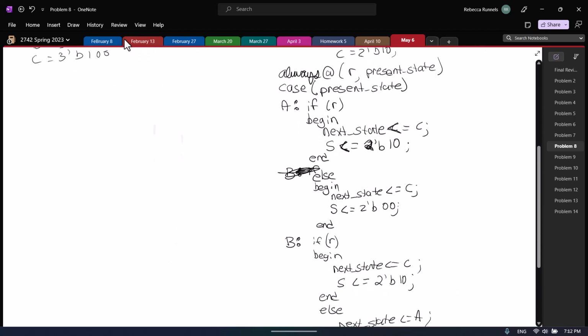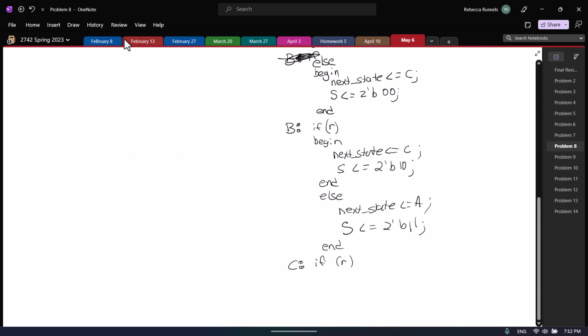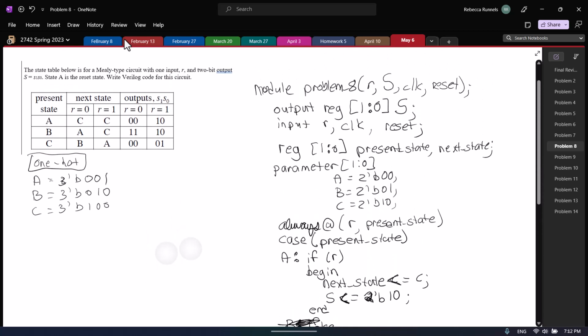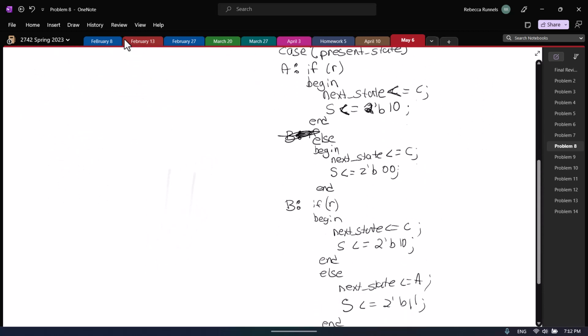And then finally for state C, if R, next state is A, and S is 0, 1.